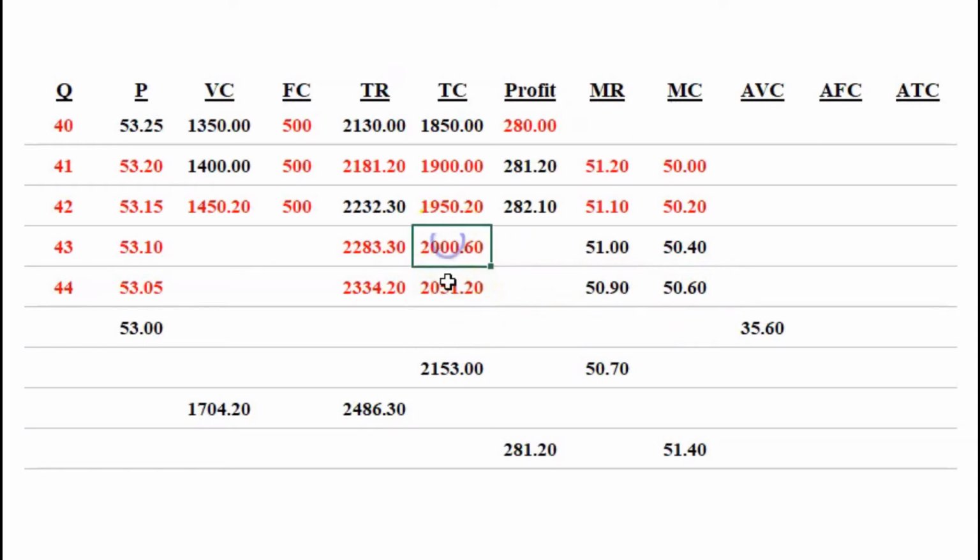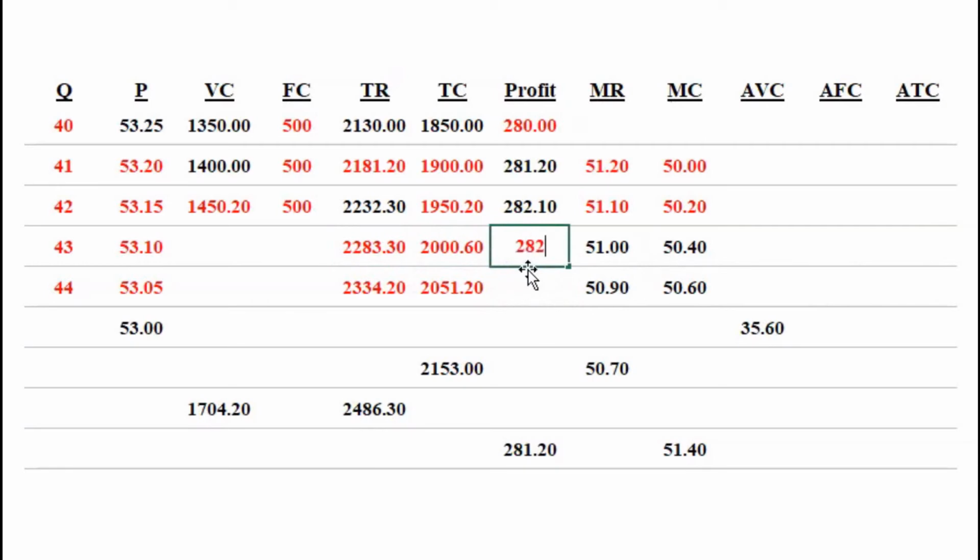Now that we have total cost for 43 and 44, and we also have total revenue from 43 and 44, now we can find profit for 43 and 44. So profit is total revenue minus total cost, so $2,283.30 minus total cost, which is $2,000.60, leaves us $282.70.